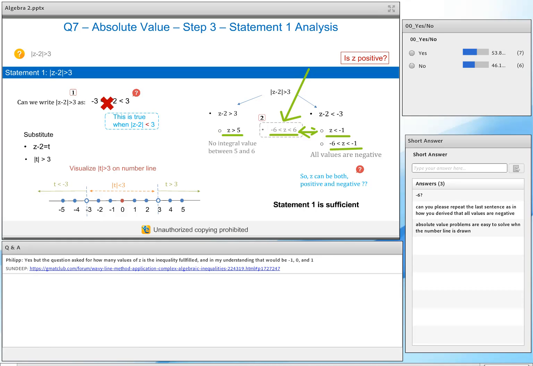So again, you're combining information. And my bad, what I said earlier should be Z is greater than 5 and Z is less than minus 1 is the solution for the inequality. This part over here is really combination. This is what you need to arrive at when you're combining information from the question statement.